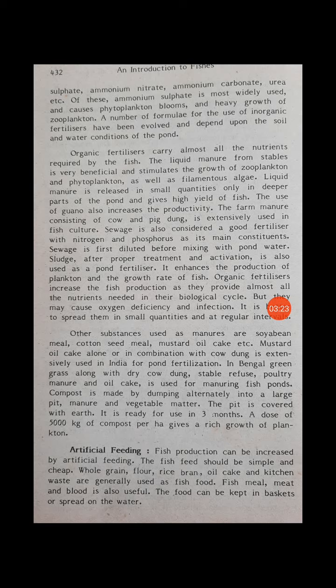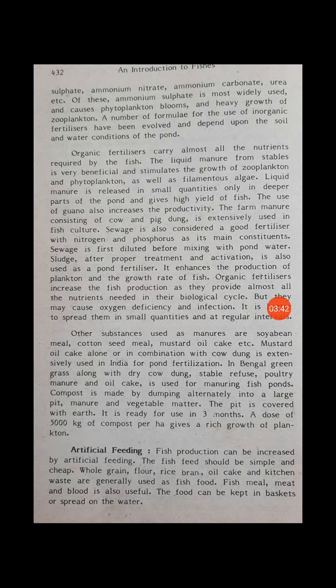The liquid manure from the stable is very beneficial and stimulates the growth of zooplankton. So zooplankton is food of the fish, and phytoplankton also, then filamentous algae. Liquid manure is released in small quantities only in the deeper parts of the pond and gives a high yield of fish.